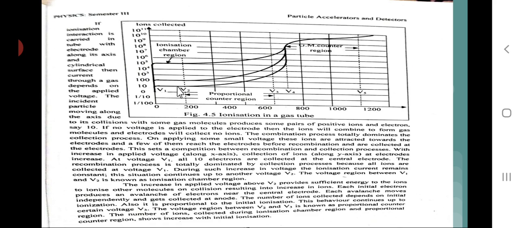In this region ionization is produced. The second region is the proportional counter, and when the electric field is very high, this region is called the GM counter, or the Geiger-Müller counter.